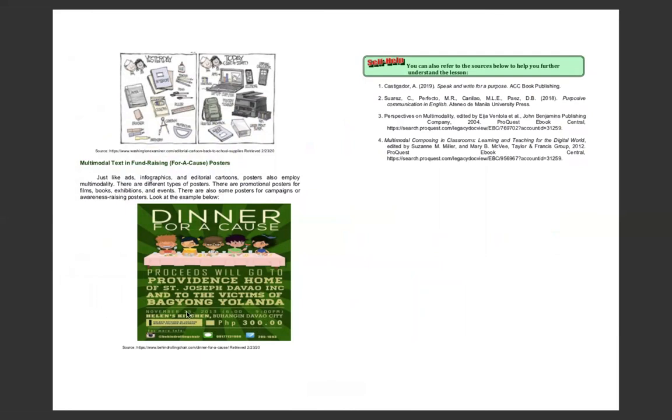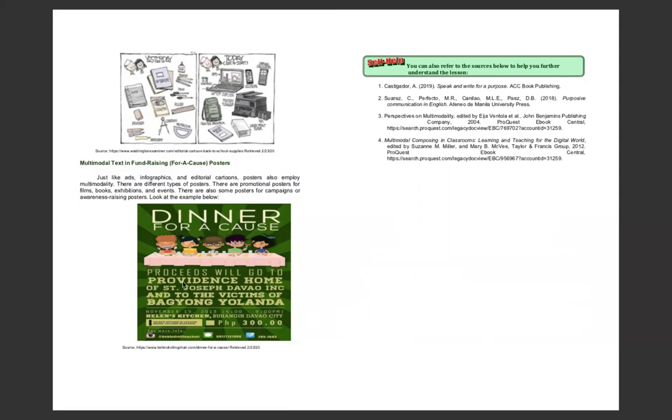Another one is multimodal text in fundraising for a cause posters. Just like ads, infographics, and editorial cartoons, posters also employ multimodality. Obviously, you see the colors, the visuals, and the linguistic system. There are different types of posters. There are promotional posters for films, books, exhibitions, and events. There are also posters for campaigns or awareness-raising posters.